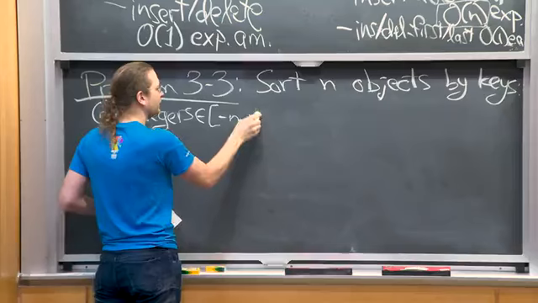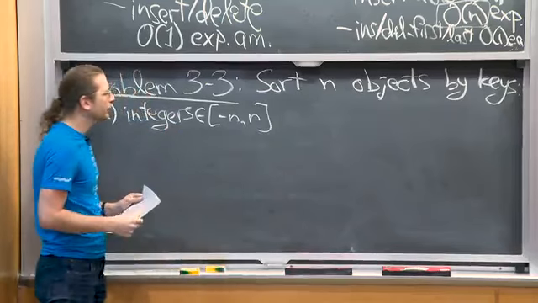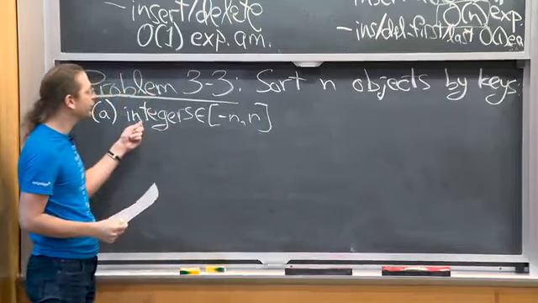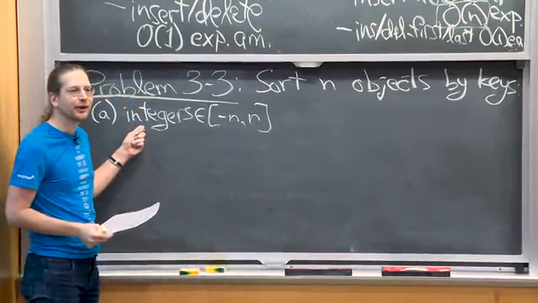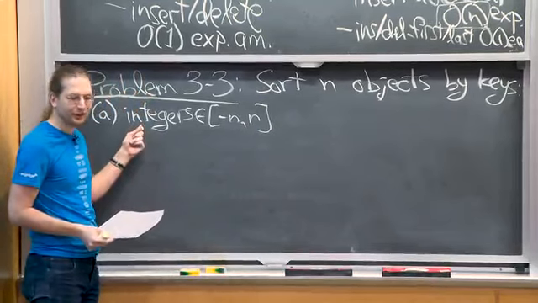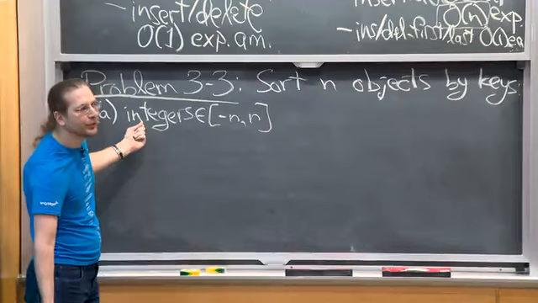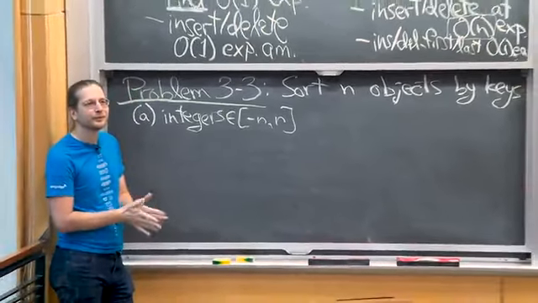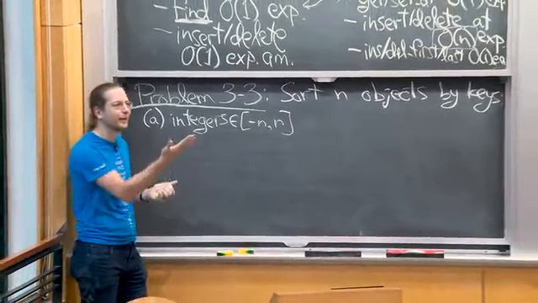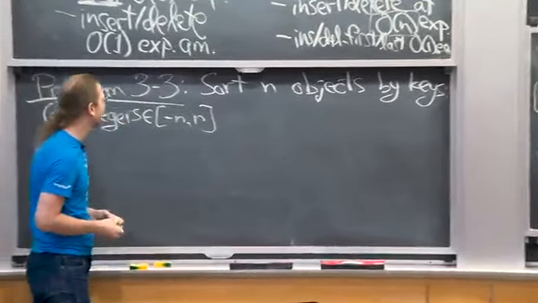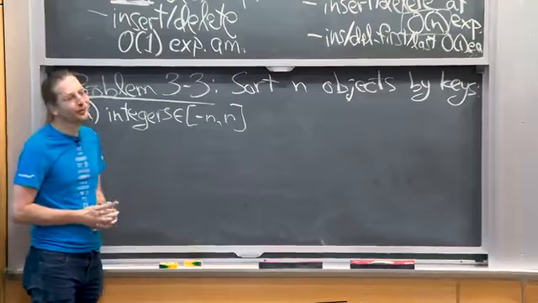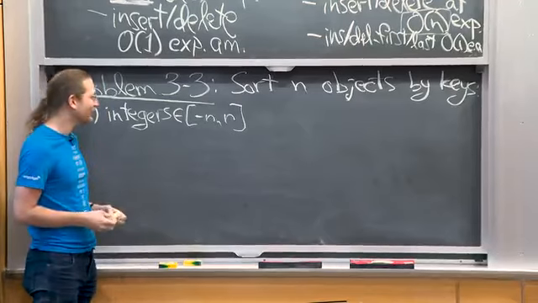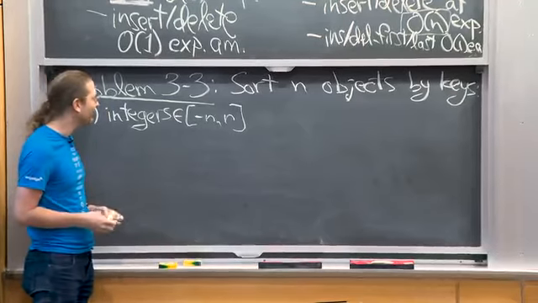OK, so part A, it says species ID, but basically we have integers in the range minus n to n. So if I want to sort n integers in the range minus n to n, what should I do? This is a reference to yesterday's lecture. Yeah. Radix sort. Always a good answer, or almost always a good answer when you have integers. It's a good answer whenever you have small integers.